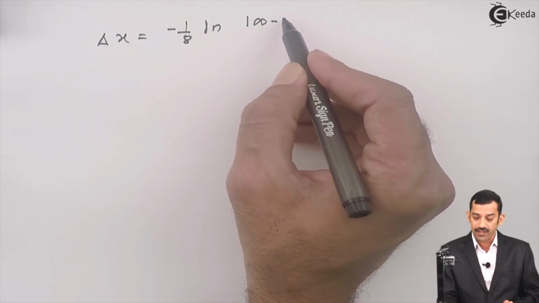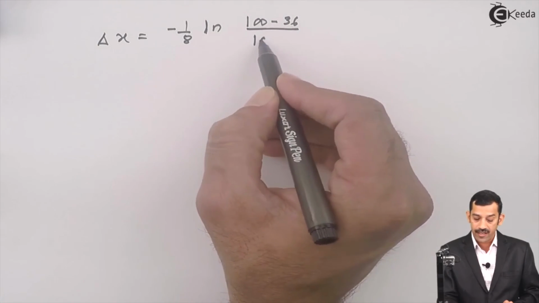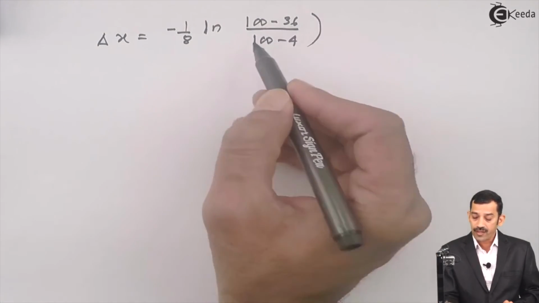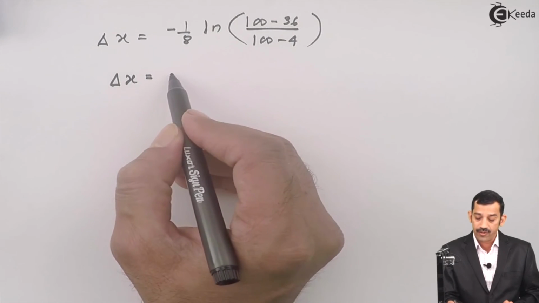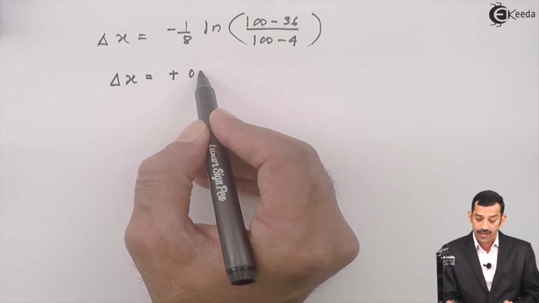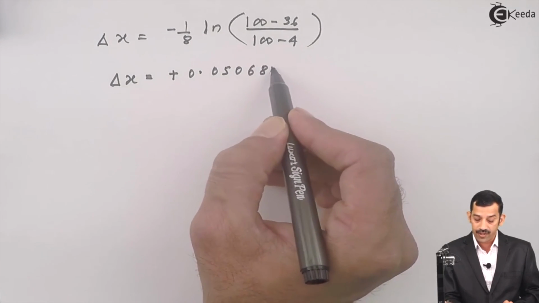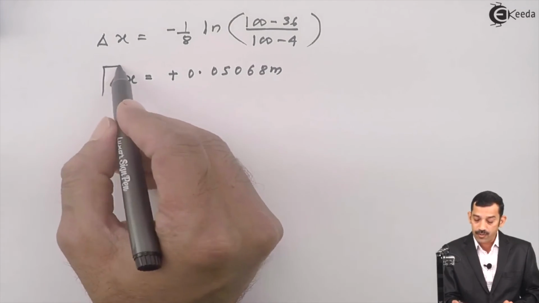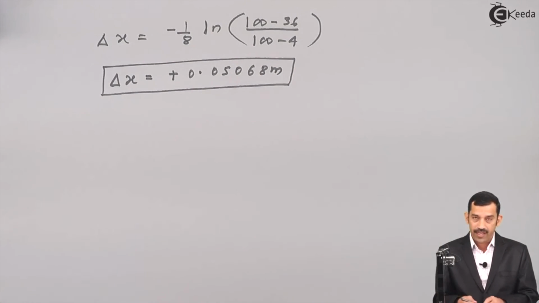The upper limit substitutes v as 3, so we get 36 divided by 100 minus 4. If we calculate using a calculator, this comes out to be a positive answer, 0.05068 meters.